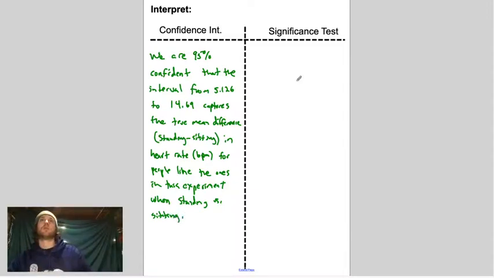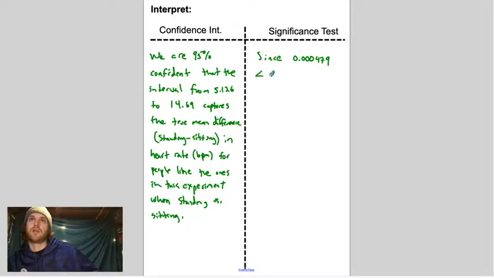Bingo. Significance test. What are the results? Since 0.000479 is less than alpha, which is equal to 0.05, we reject H naught.